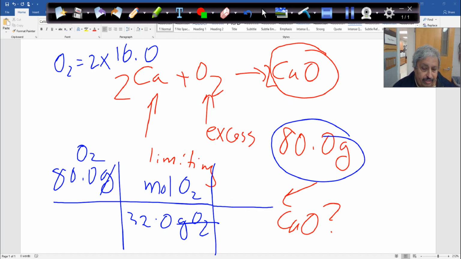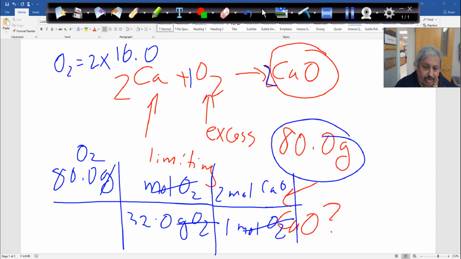Correct? Then I have 2 moles of calcium oxide to 1 mole of oxygen. Mole oxygen cancels out. Okay, guys. Then I need the grams of calcium oxide. Well, I need to get the ratio. The molar mass.